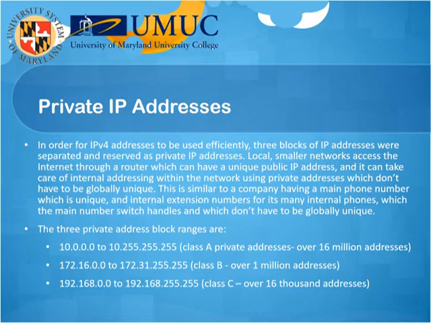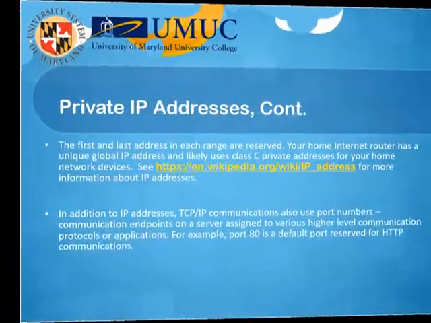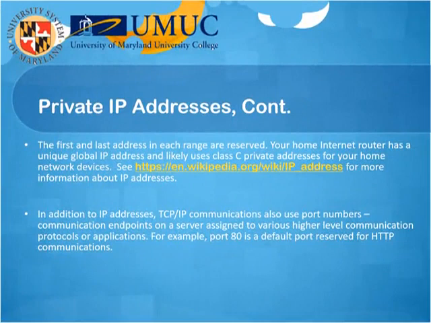The 3 private address blocks ranges are Class A over 16 million addresses, Class B over 1 million, and Class C over 16,000, and the ranges of addresses are shown. The first and last address in each range are reserved. Your home internet router has a unique global IP address and likely uses Class C private addresses for your home network devices.